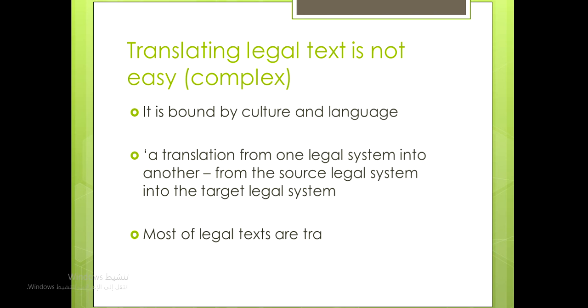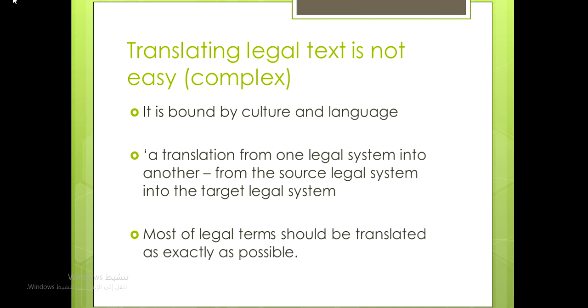Translating legal text is not easy. It's complex, as I have just said. Why? It's bound by culture and language, which means a translation from one legal system into another, from the source legal system into the target legal system, which means that you have to be fully aware of the culture and the system of legislation and judicial system in the target language and the source language, because it may differ between them.